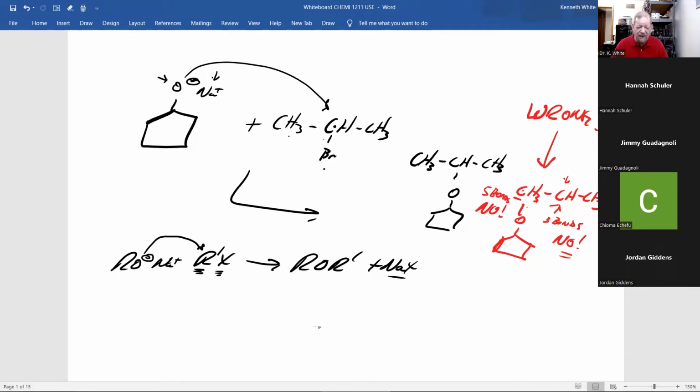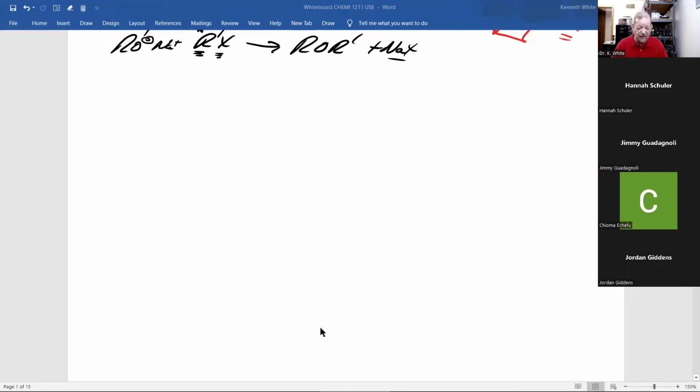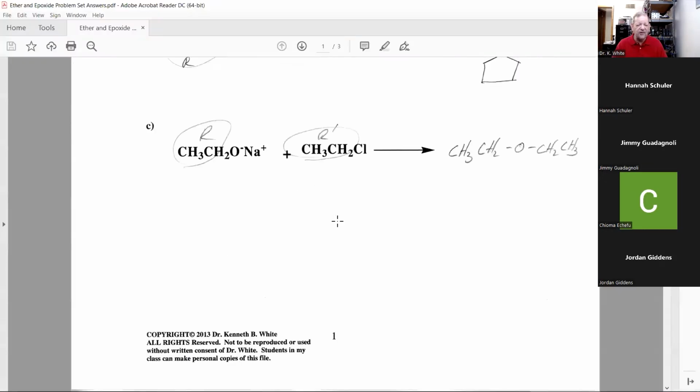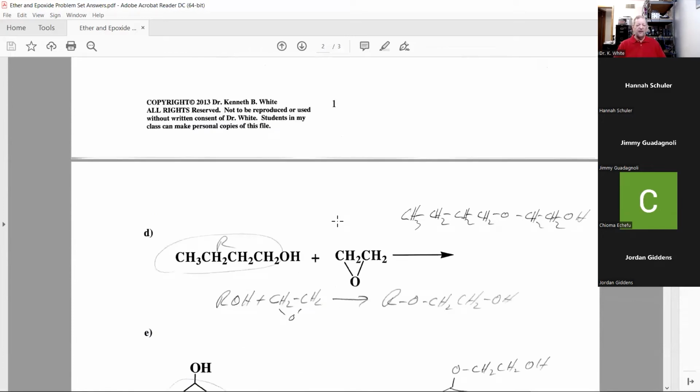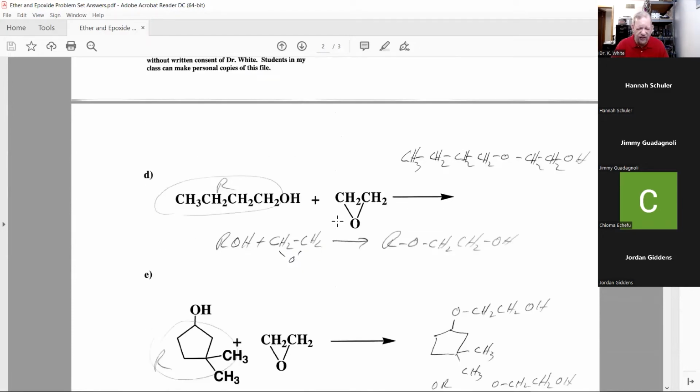All right, let's get back to the problem set. That's not the problem set. That is. And notice I have a few more examples. All right, let's look at D. What do we have that's different? Carbon, carbon, oxygen, hydrogen, hydroxy group on carbon, alcohol. What do we have here? Ethylene oxide.